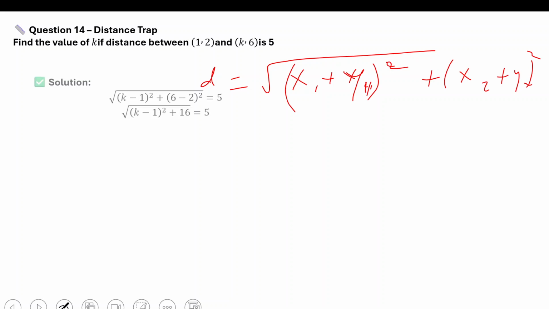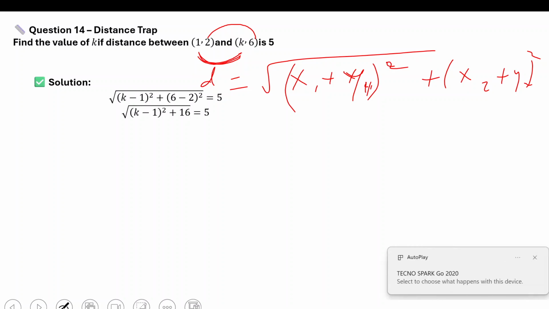So let's go with the flow. Here you have k minus 1 all squared, then 6 minus 2 all squared, and they are all under the square root.